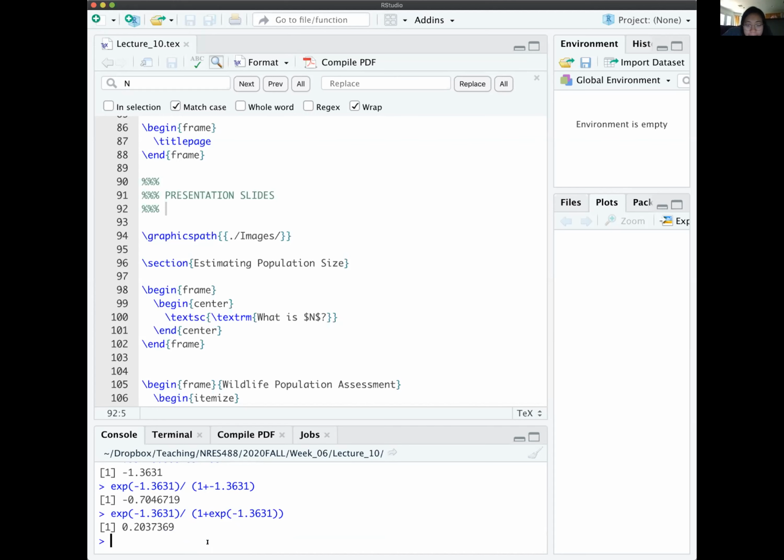I don't know why I'm not getting that. It just has a plus sign. Oh, you need another parenthesis. You're missing one of your parentheses. When you get that plus symbol, it means it's still waiting for you to finish the command. It says there's an error.